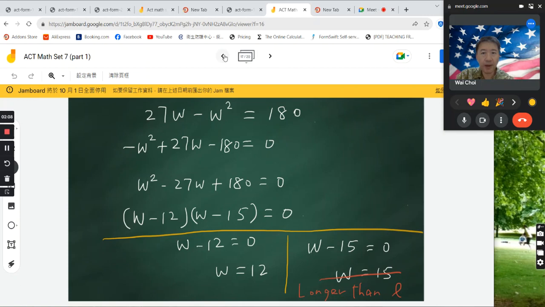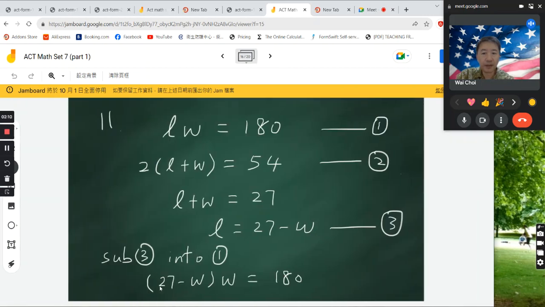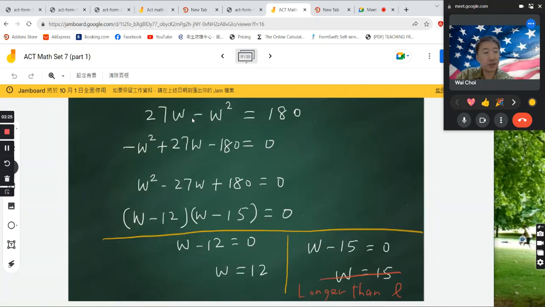Now we want to expand this. Multiply through, and what you're going to have is 27W minus W squared, and 27W minus W squared is 180. Subtract 180 from both sides.